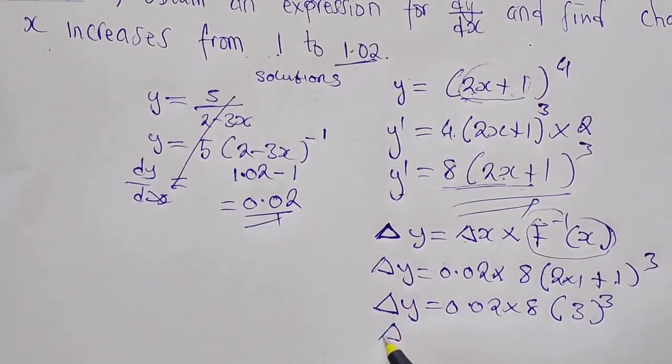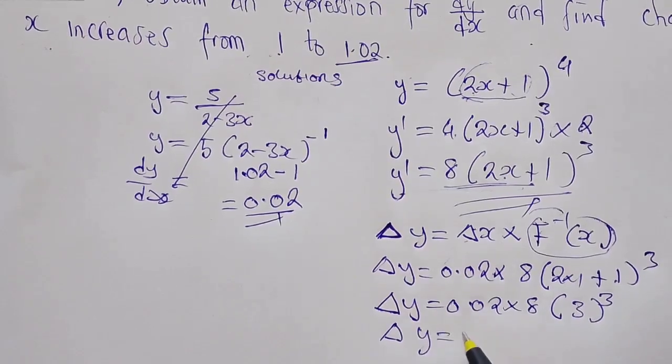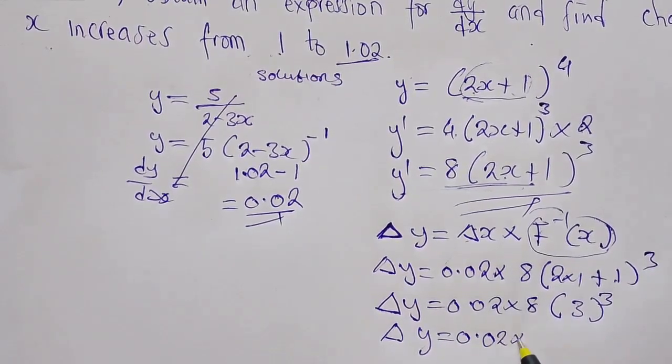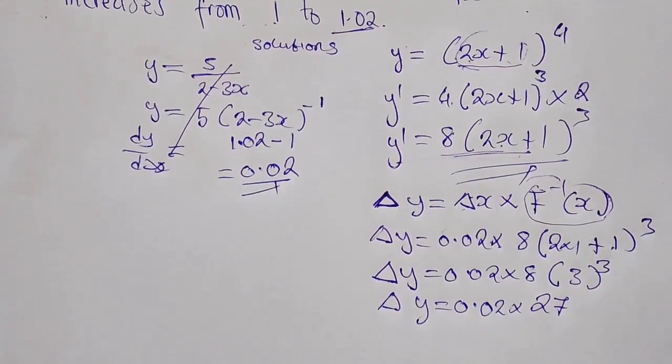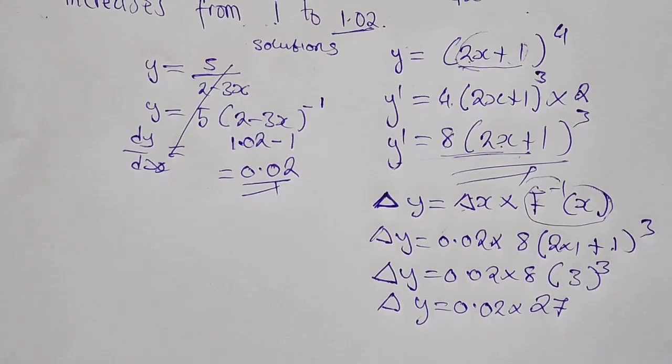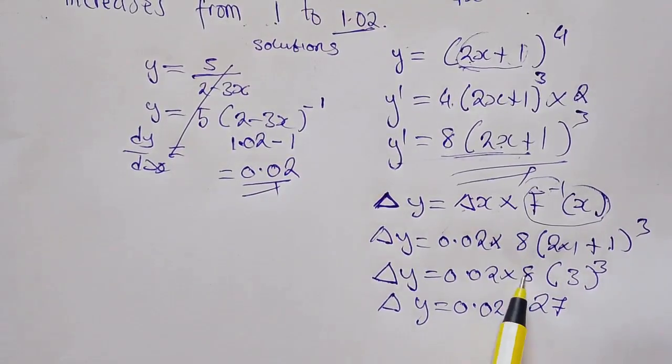So we have change in y is equal to 0.02 multiplied by 27, then multiplied by 8. Don't forget our 8.